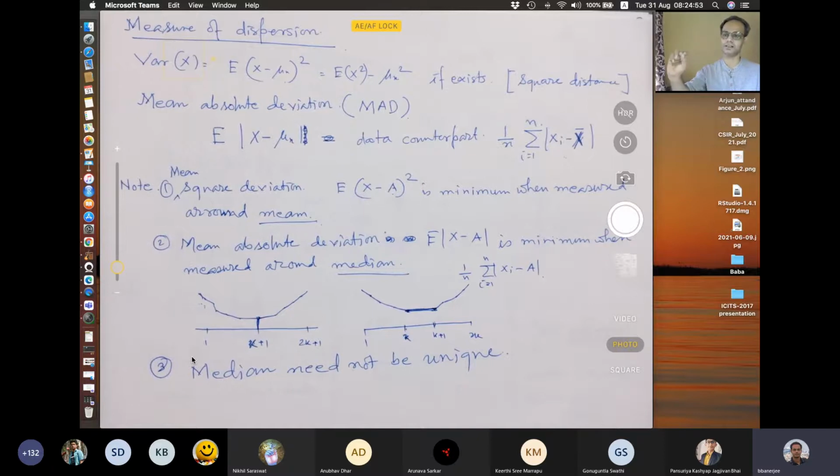When your sample size increases, your approximated value from the data will go to the true value with a very fast rate or with a very large probability. So any query related to measures of dispersion and central tendency? They are really useful for your data analysis.